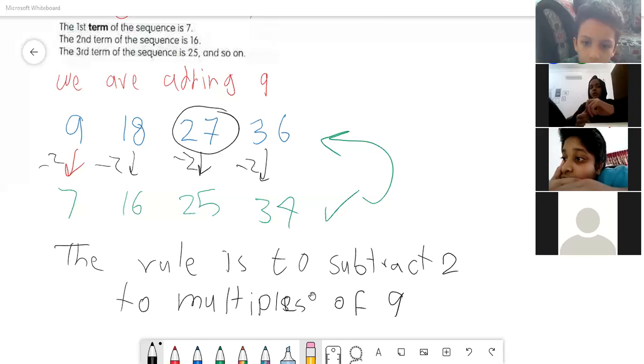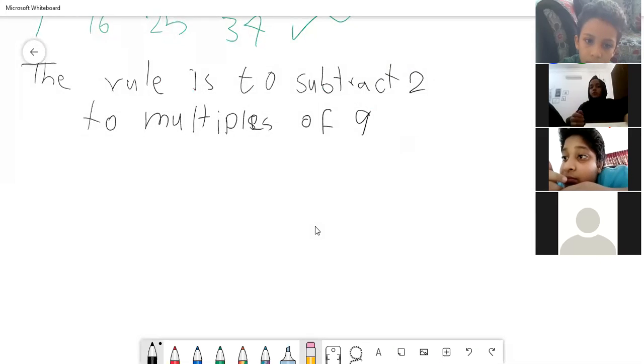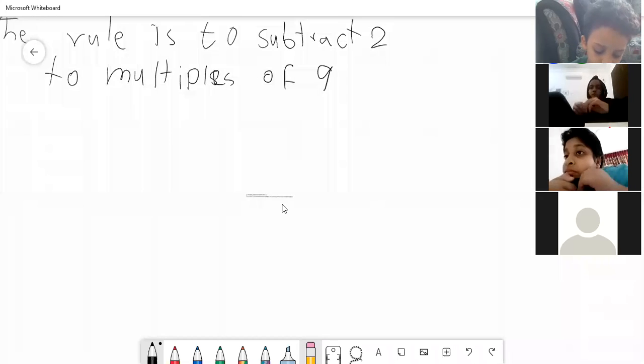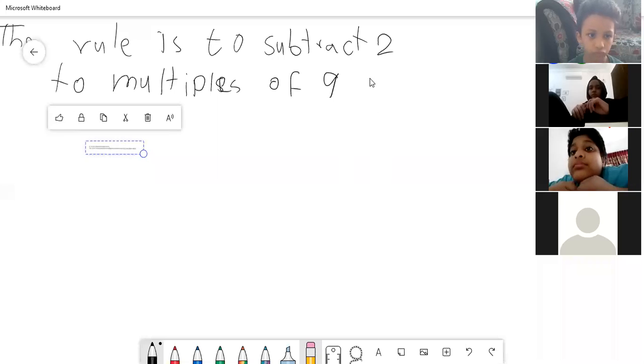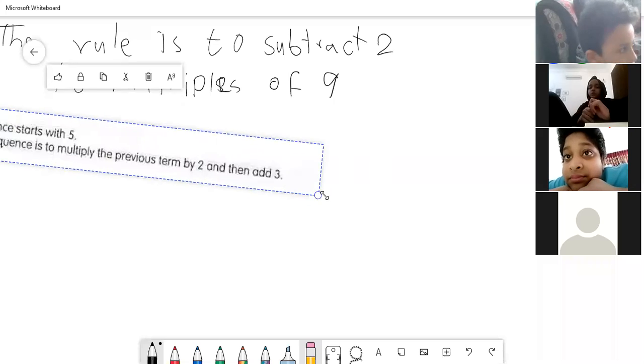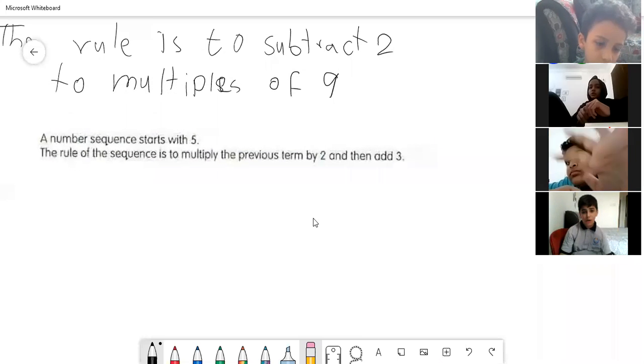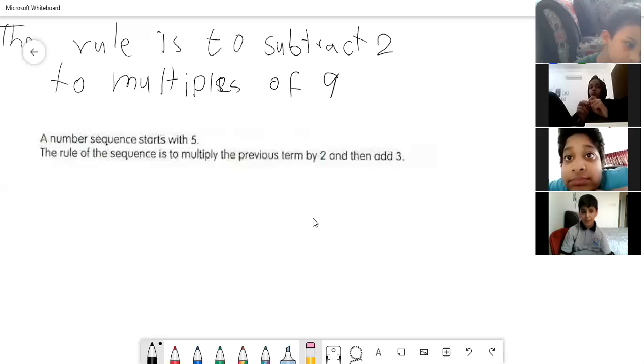Let's look at this example quickly. Wait, Muhammad, wait, please. A number sequence starts with 5. The rule of the sequence is to multiply the previous term by 2 and then add 3.